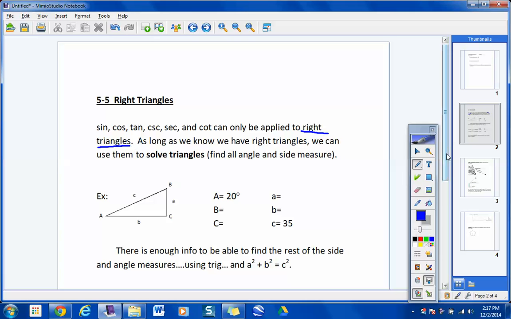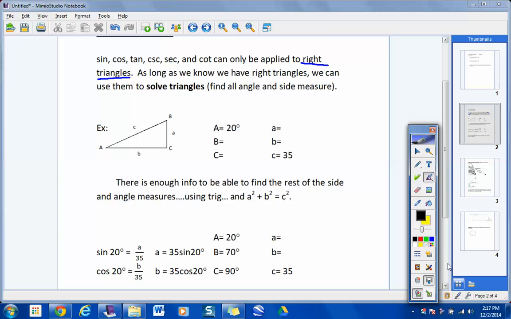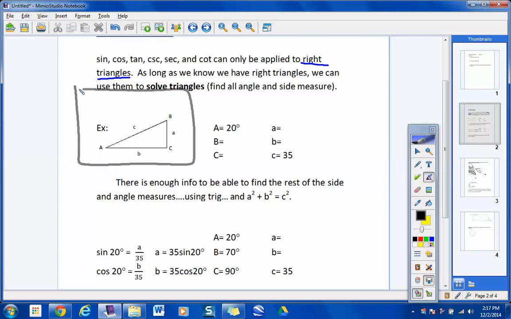Now, in any right triangle, when we're talking in trig terms, this is going to be really important to us. The example that I have right over here, where this triangle is set up, you might want to put a highlight by this or make sure you understand it. In any right triangle, notice that the capital letters are always my angles. Notice where angle A is, down the bottom left. We always say that a side is opposite of an angle when the uppercase and the lowercase letter match.